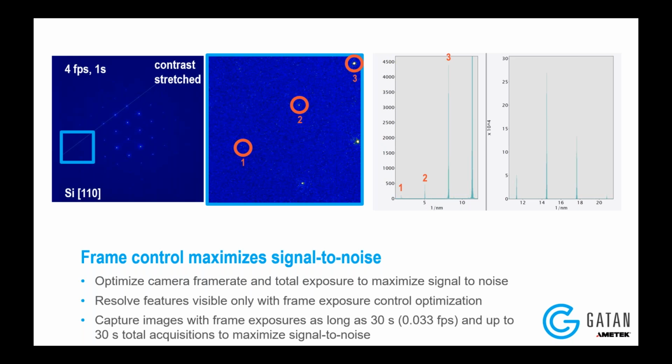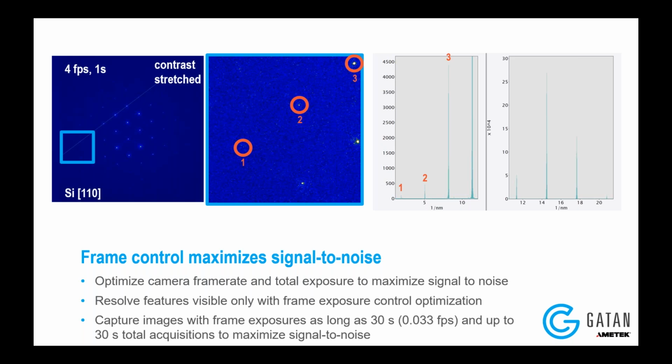But I think it's also really showing your ability to resolve weak spots with the camera, like this spot number 1, or even spot number 2, that you wouldn't be able to see without the frame control mode if we were just integrating the maximum number of frames that we could possibly acquire. You'd have more background noise, and that would start to obfuscate some of these weaker diffraction spots.